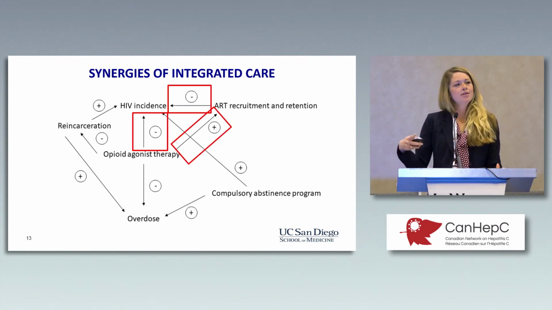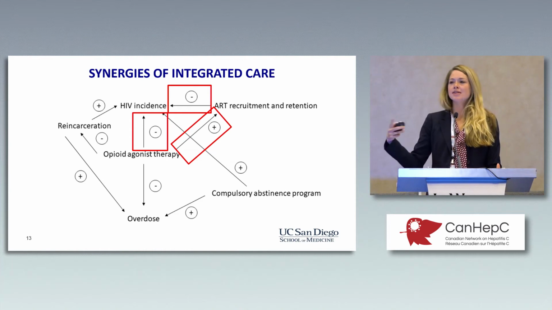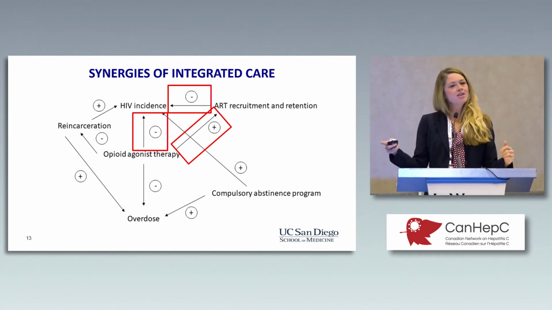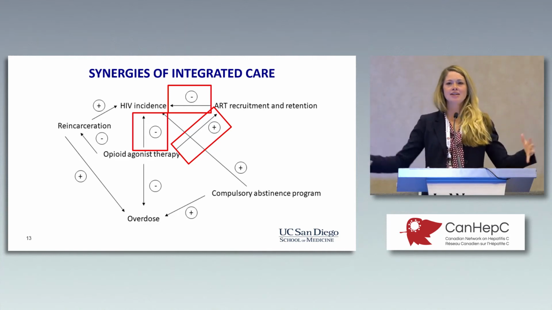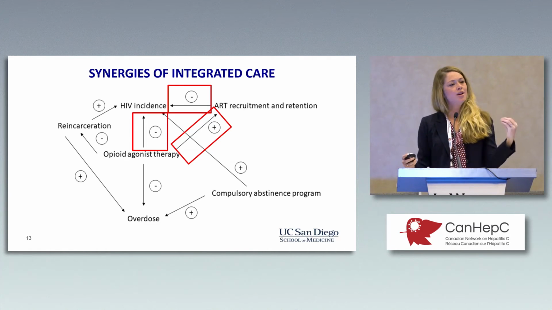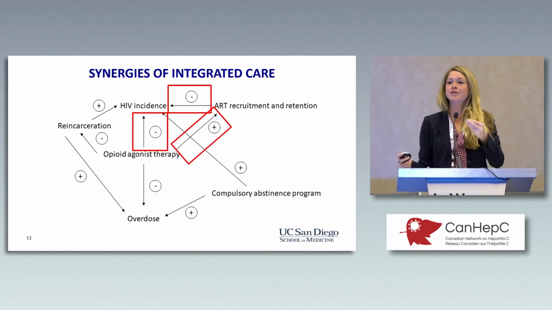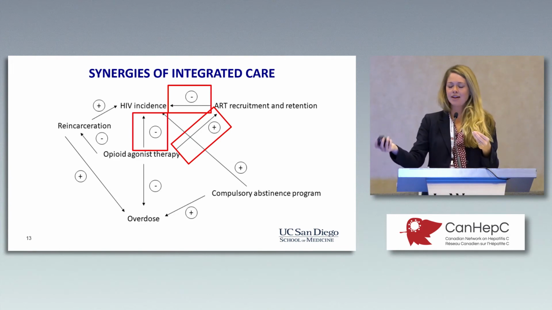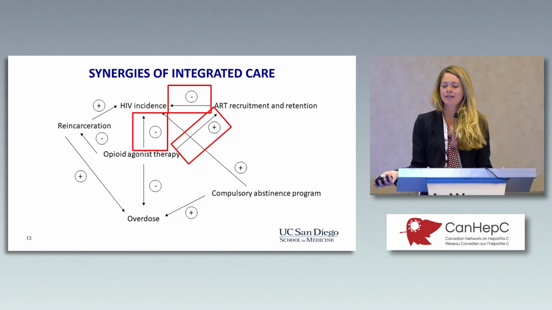But OAT also, as I mentioned, increases uptake and adherence and retention onto ART. So you can imagine that if we scale up OAT and ART at the same time, we could get these potential synergies where OAT actually further improves ART coverage from what it would have been compared to scaling up ART alone, and you get this sort of synergistic benefit.